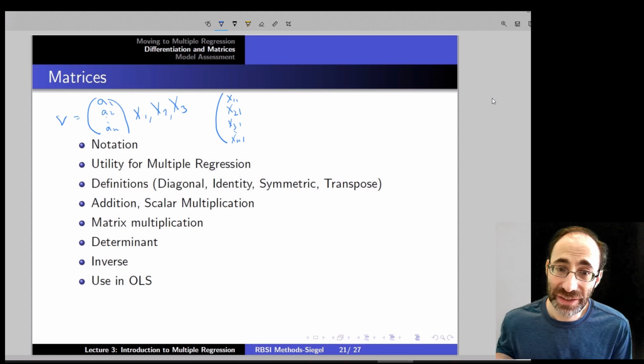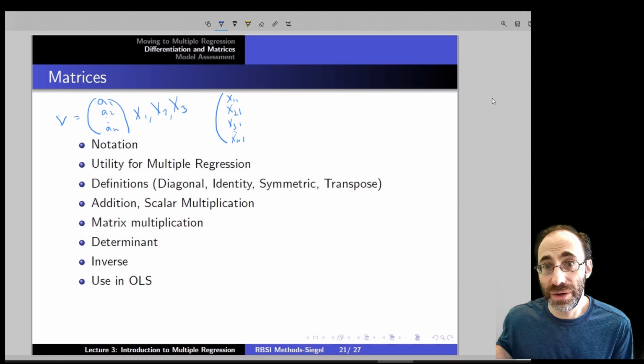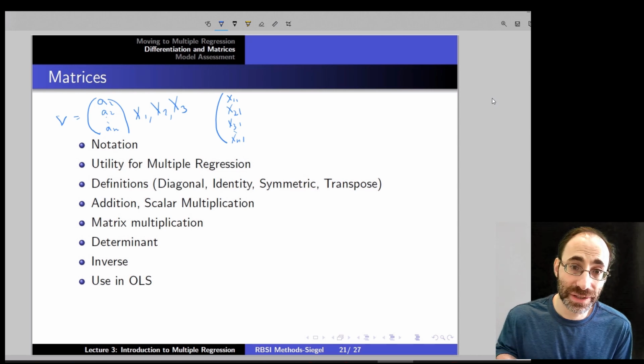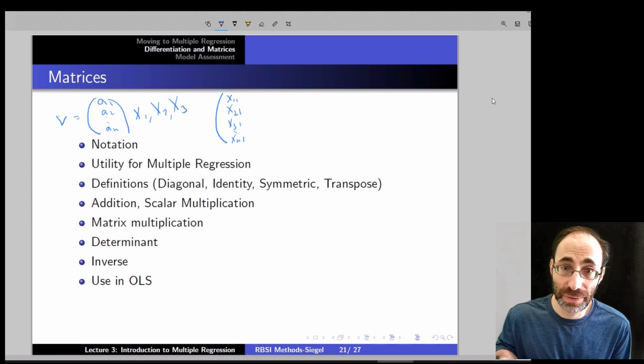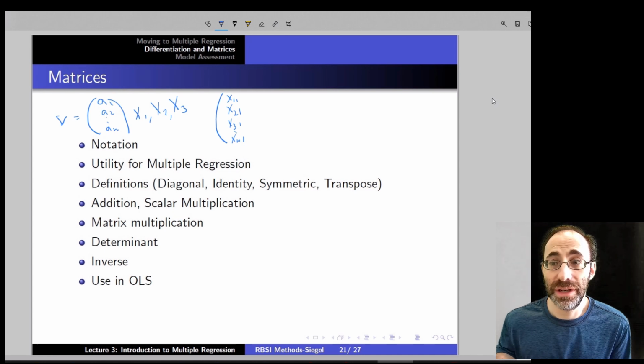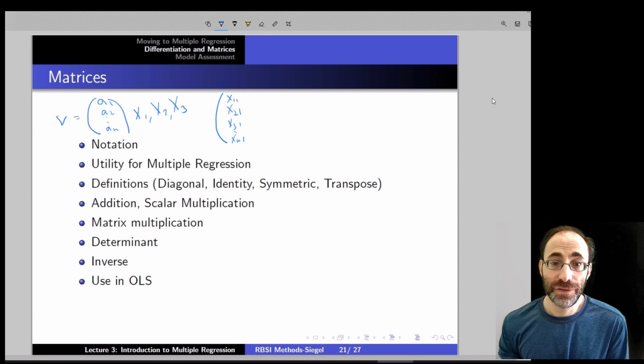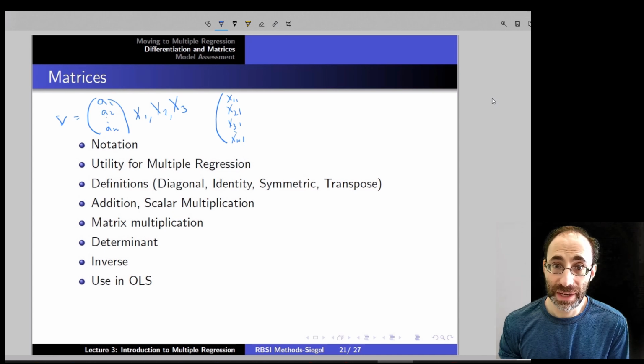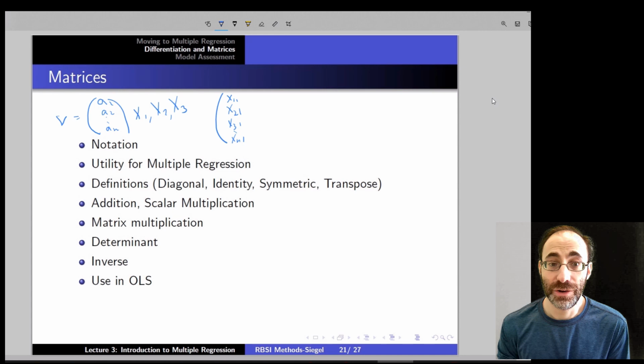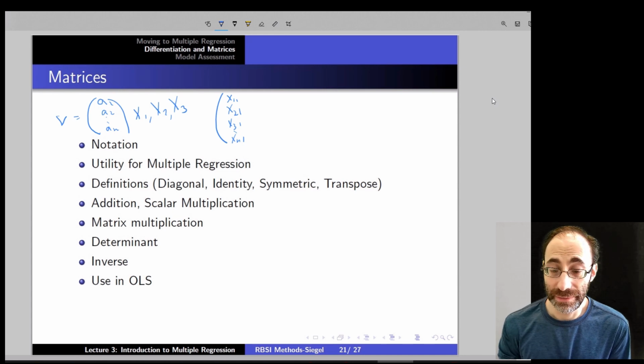We've changed notation slightly so that the second index corresponds to the independent variable we care about, x1 in this case, and the first index, 1, 2, 3 down to n, corresponds to which data point we're looking at the moment. So the first index in the subscript in x over here is the same as the subscripts in this vector over here. The second subscript corresponds to which variable we care about.